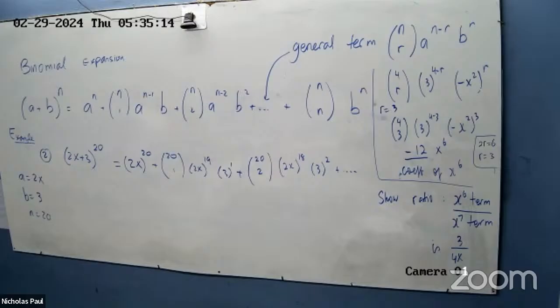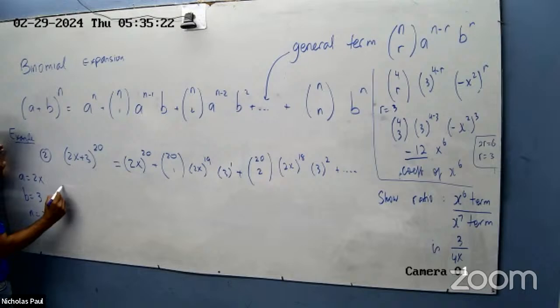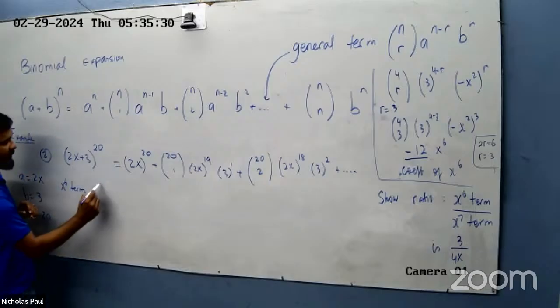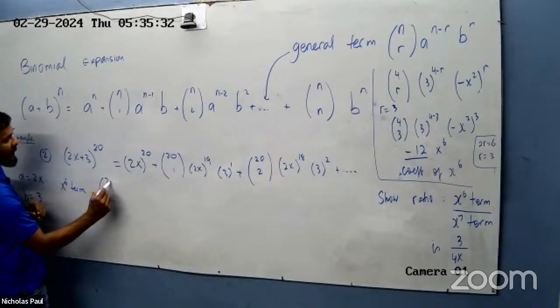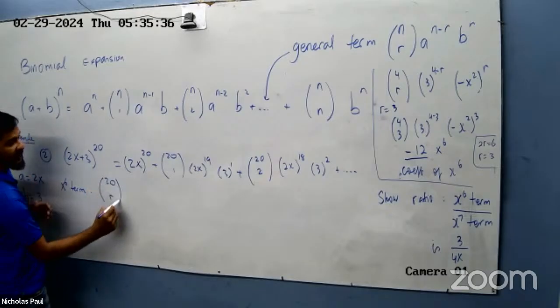So the calculator, you go thing. Let's see if we can figure out the x6 term. So the x6 term will be NCR, N is 20, CR, R is what? We don't know what R is yet, right?